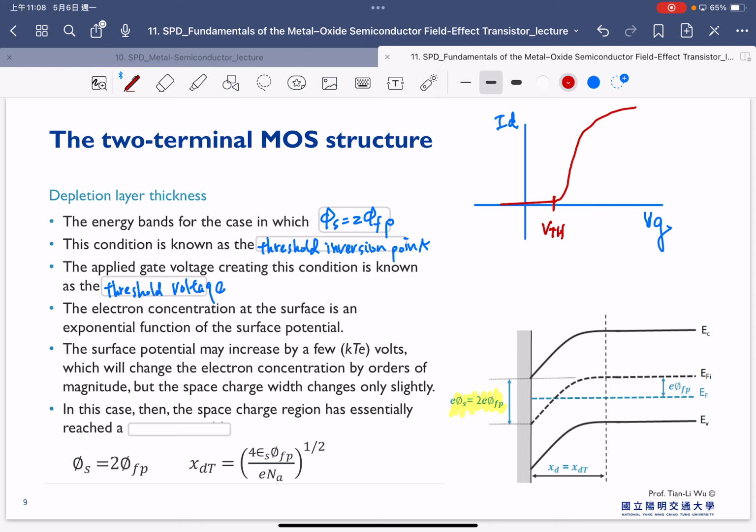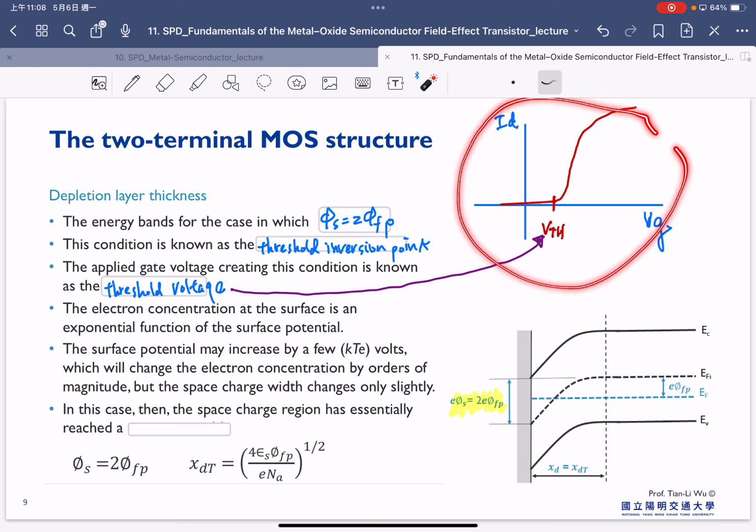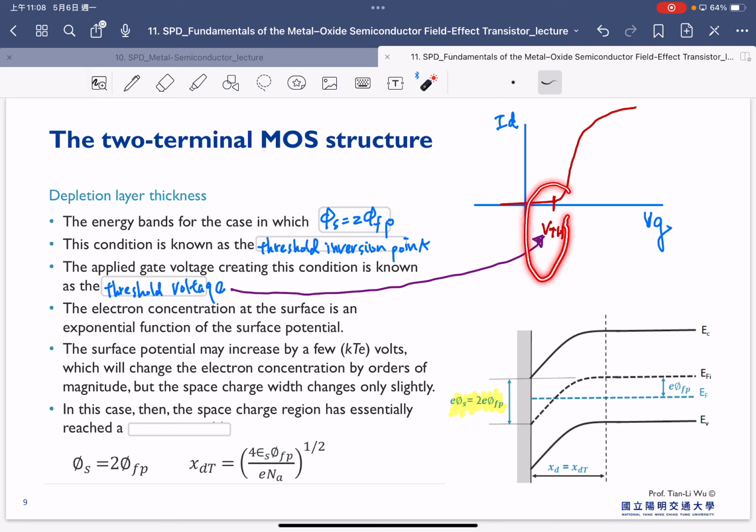So this is exactly the same as here. From the IV curve we know there is a threshold voltage, but we need to understand from the band diagram point of view how we determine the threshold voltage here.